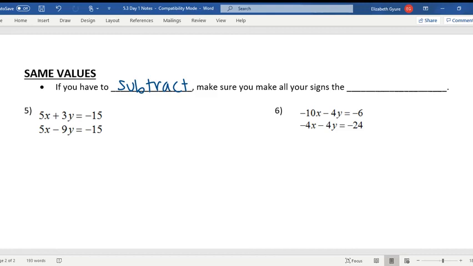But what if you do 5x minus 5x? Will that cancel? So if your signs aren't the opposite, you need to subtract. You basically need to make it be the opposite. So if you have to subtract, make sure you make all your signs the opposite.